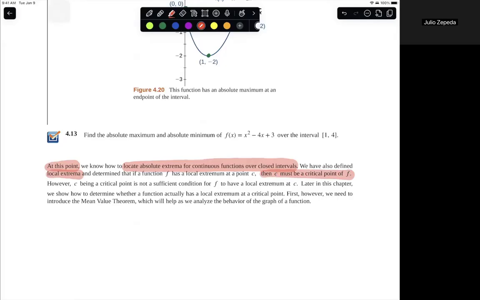However, C being a critical point is not a sufficient condition for f to have a local extremum at C. Later in this chapter, section 4.5, we show how to determine whether a function actually has a local extremum at a critical point. First, however, we need to introduce the mean value theorem, which will help as we analyze the behavior of the graph of a function.